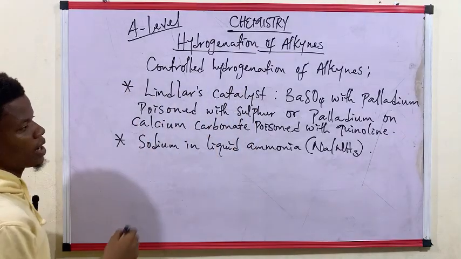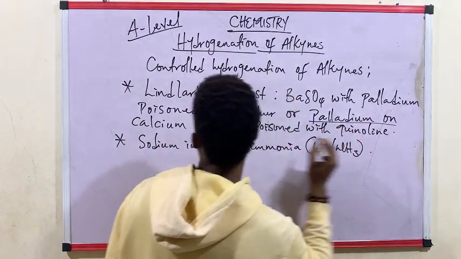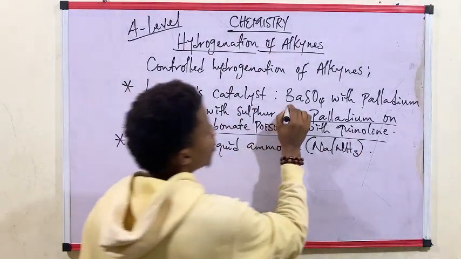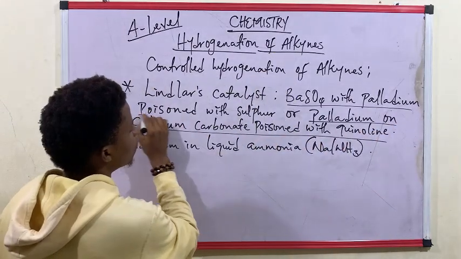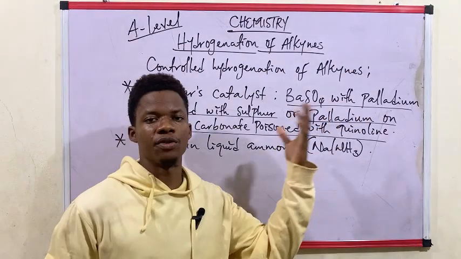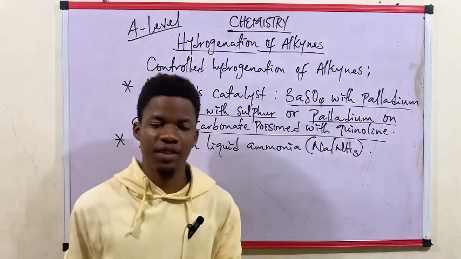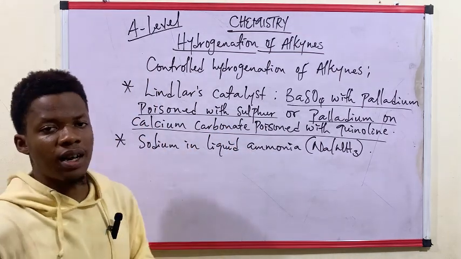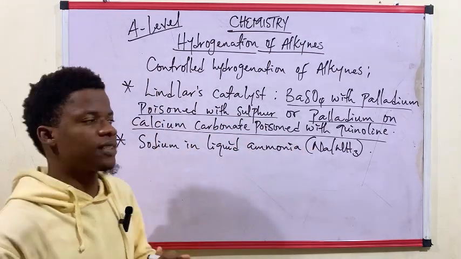All right, so we can have this palladium on calcium carbonate poisoned with quinoline, or barium sulfate with palladium poisoned with sulfur. So these are the two mixtures of compounds and elements that can act as the Lindlar's catalyst.